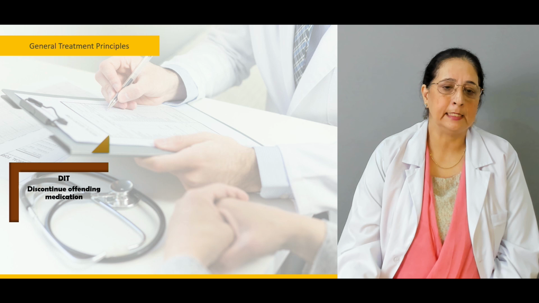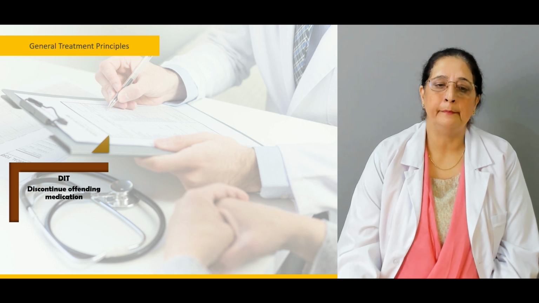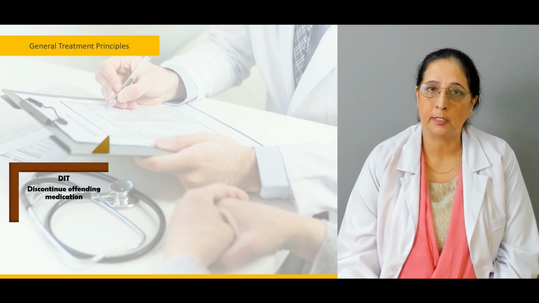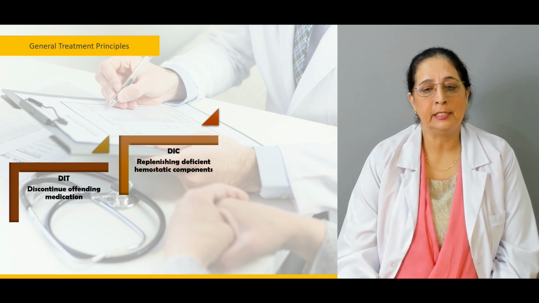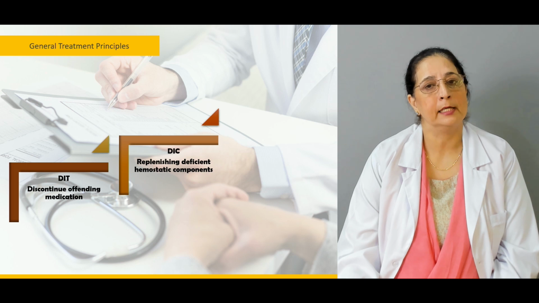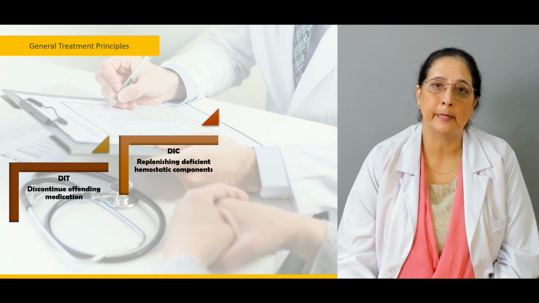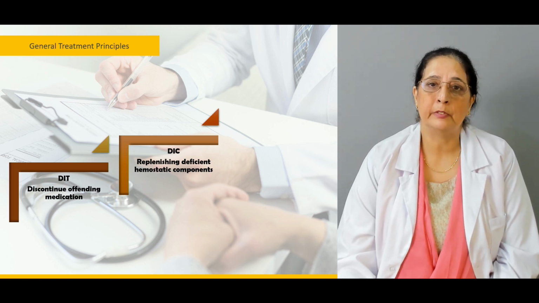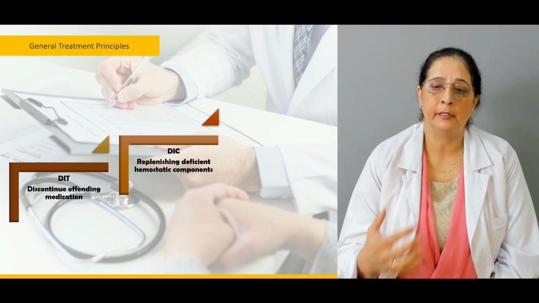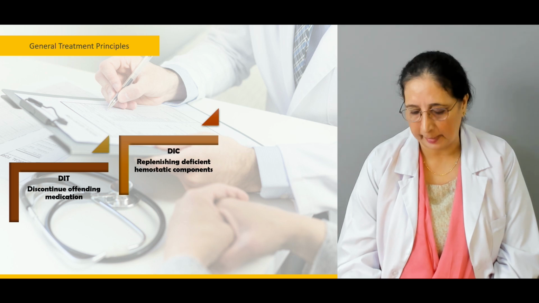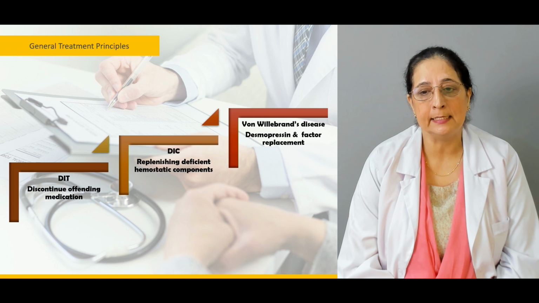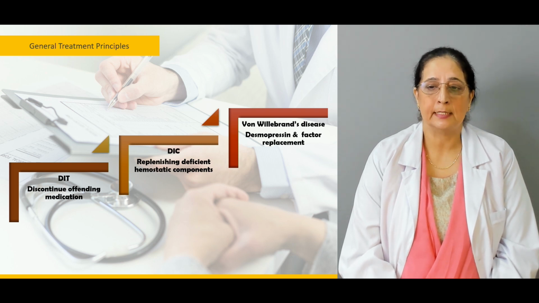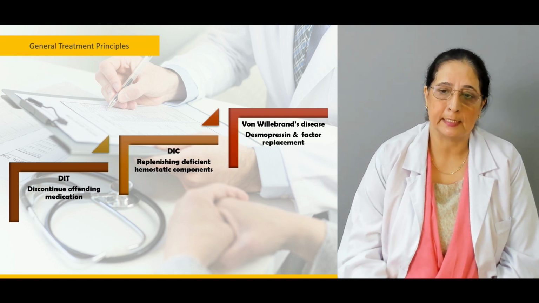Next, discontinue the offending medication. That's an important step in the management. Replenishing the deficient hemostatic component if there is disseminated intravascular coagulation. Whatever substance is deficient, we need to replenish that. Von Willebrand's disease, desmopressin and factor replacement.